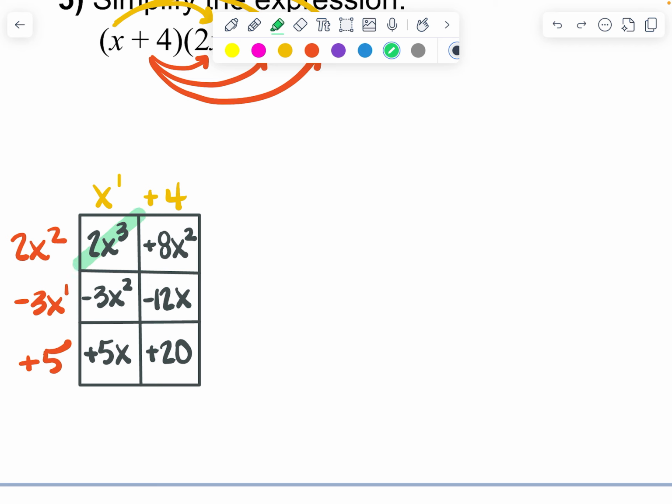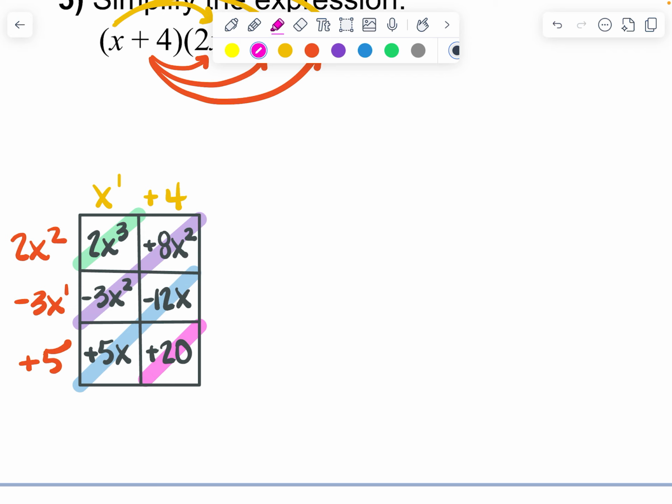So I noticed there's only one 2x cubed term because he's a corner box. So he is his own diagonal. Then we have this diagonal, which is all of our x squareds that we're going to combine. Then we have this diagonal, which is our x terms. And then we have the constant, and he's the only one because, again, he's a corner box.